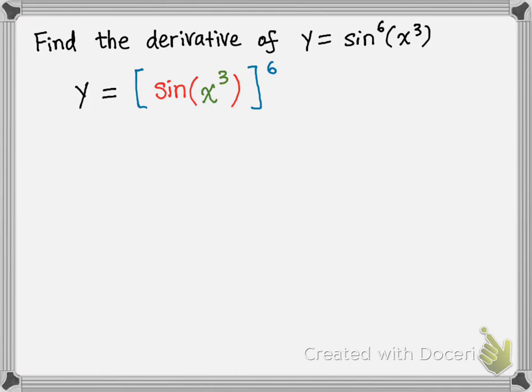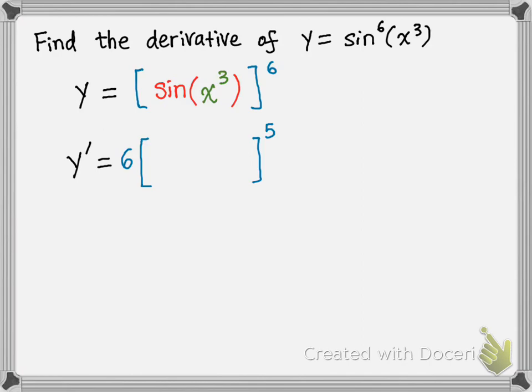So now you need to take the derivative. You can see the color code, right? The first thing is the outer function. Take the derivative of that 6th power function. What is the derivative of a 6th power? Well, you take down the 6 and raise the power to 1 less than 6, which is 5.